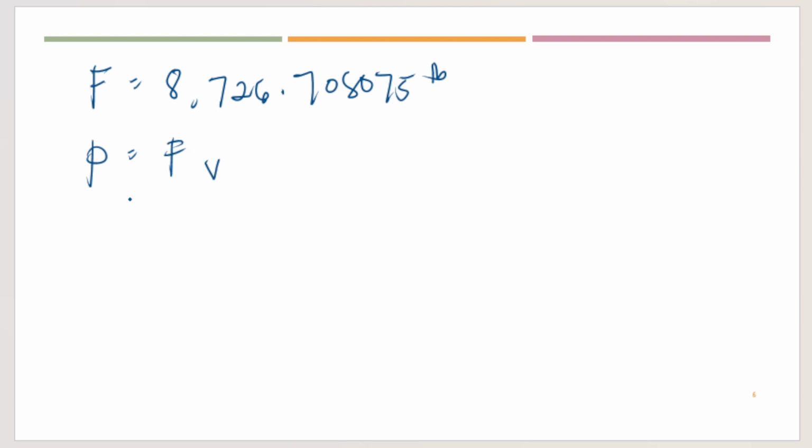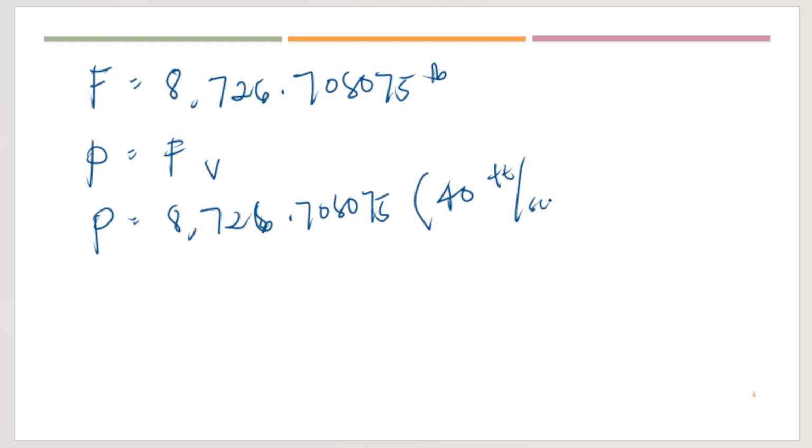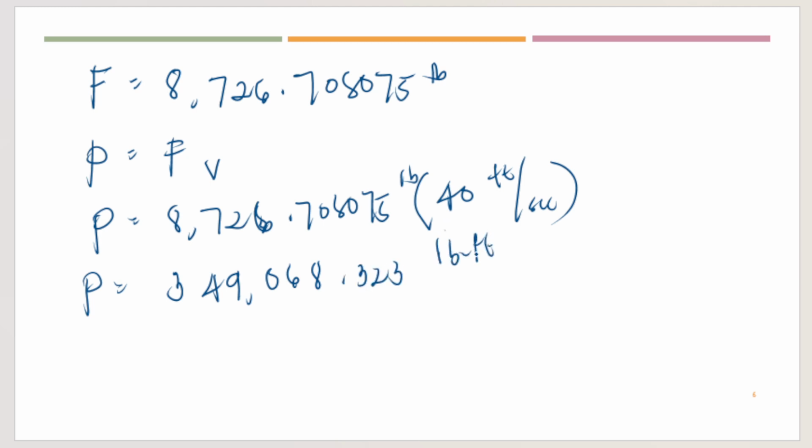Our force is 8,726.708075, and our velocity is the final velocity, 40 feet per second. Therefore, our power is equal to 349,068.323 pound-foot per second.